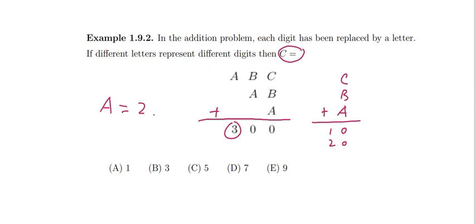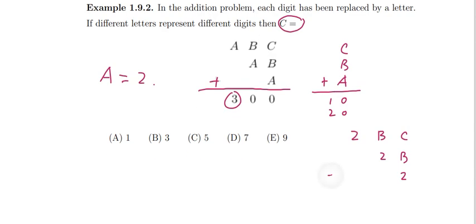So this number is 2b c, so 2b2. Adding them up equals 300, right?